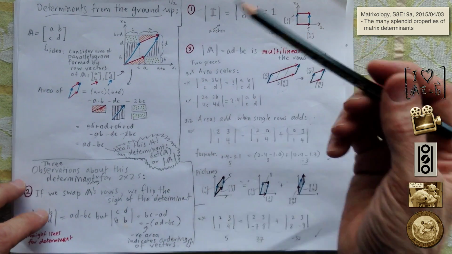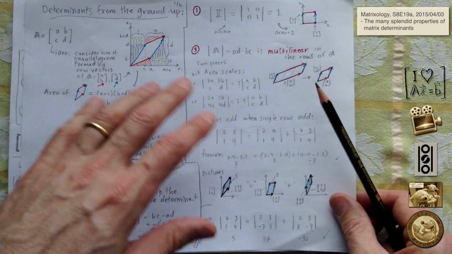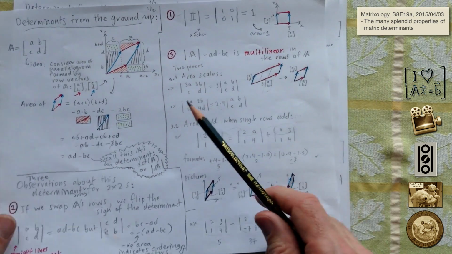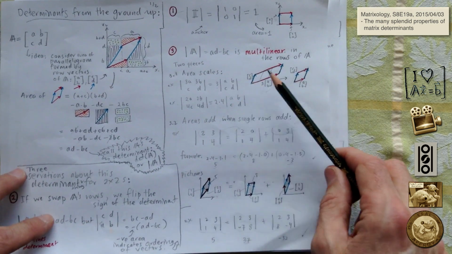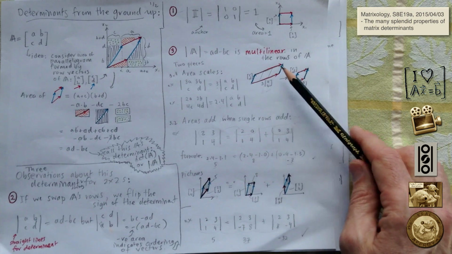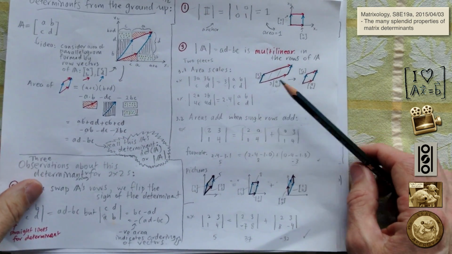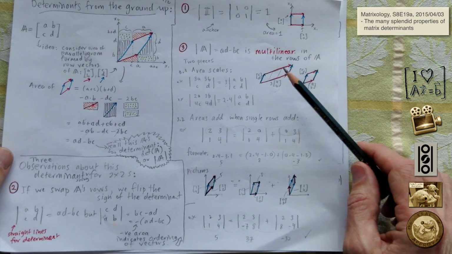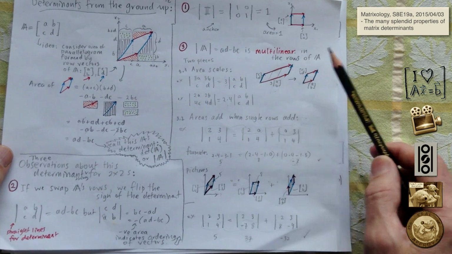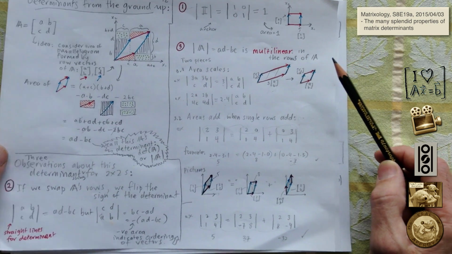Okay, so we do that, and we went through these observations about what happens when we change matrices, how their parallelograms and parallelepipeds change. And because there are areas and volumes and so on, we have good intuition for them, right? So if we double a row, for example, then we double the area of a parallelogram.